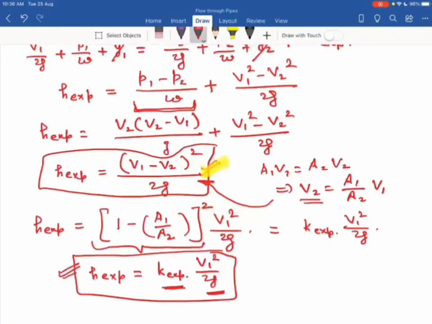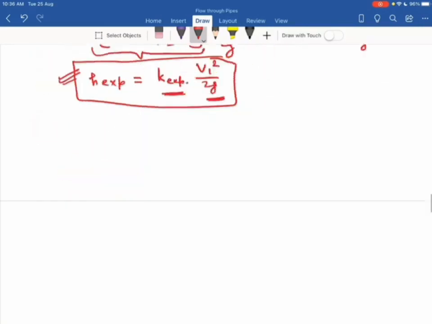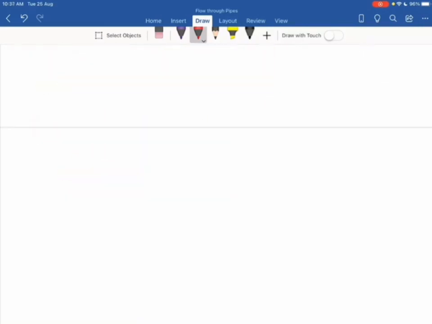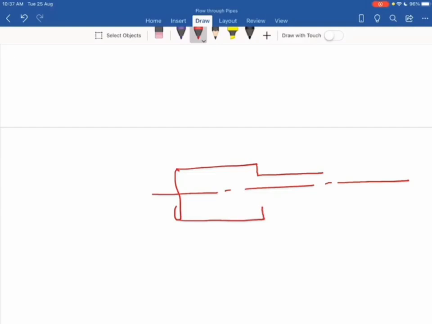So then I take the second loss due to sudden contraction. In that the arrangement is something like this. This is the direction of flow. So when liquid comes out from this end, due to inertia it forms something like this.